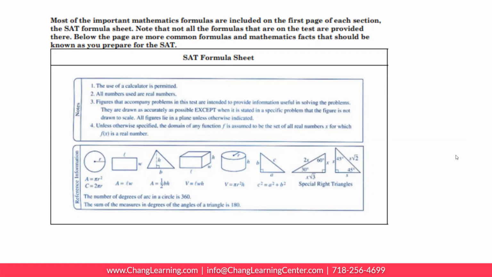We can see here the geometry problems include knowledge of circles, rectangles, triangles, rectangular prisms, and cylinders, most commonly, as well as right triangles, and there's the Pythagorean theorem below, and these two special reference triangles, or workman's triangles.